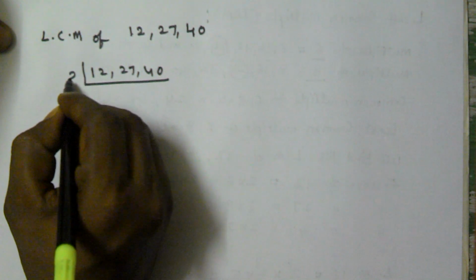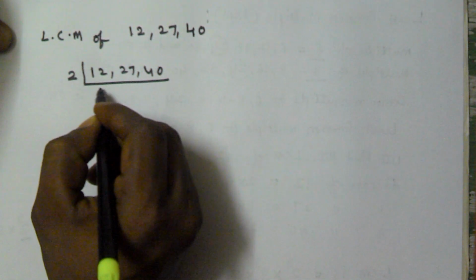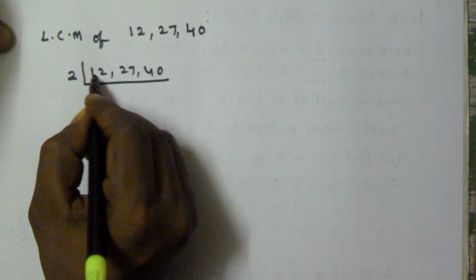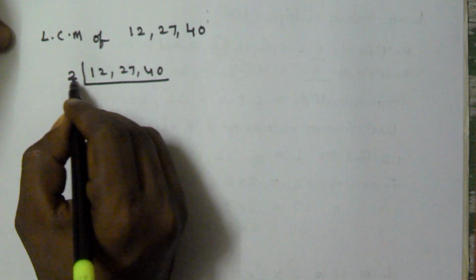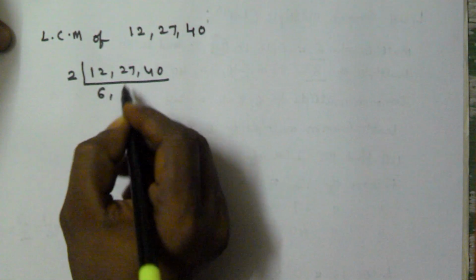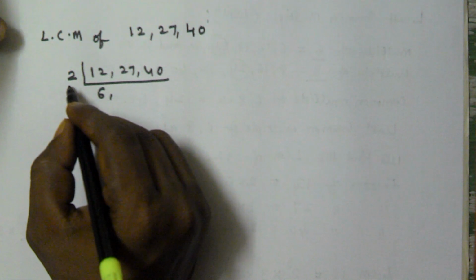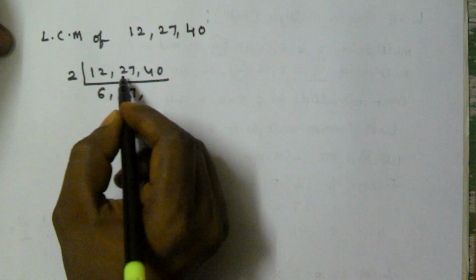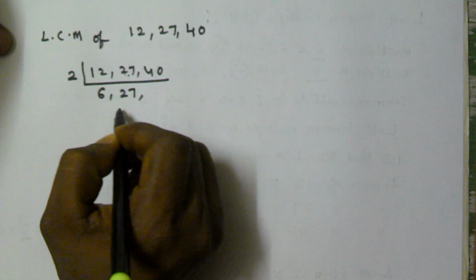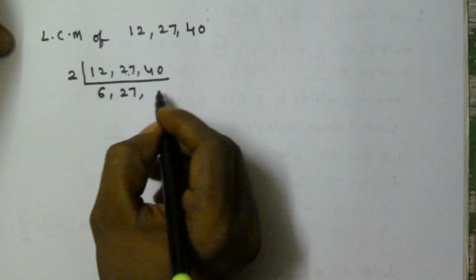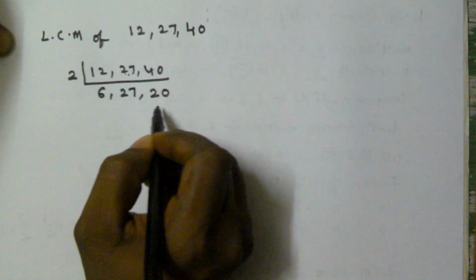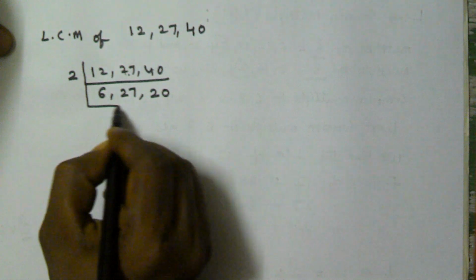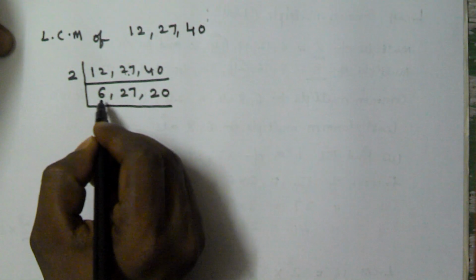That factor I'm taking as 2. When we divide 12 by 2, we get 6. 27 is not divisible by 2, so we take 27 as it is. And when we divide 40 by 2, we get 20.